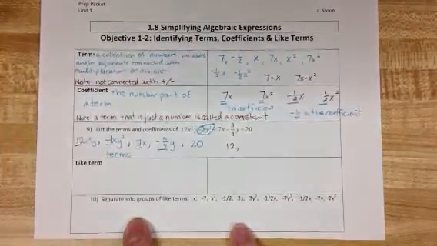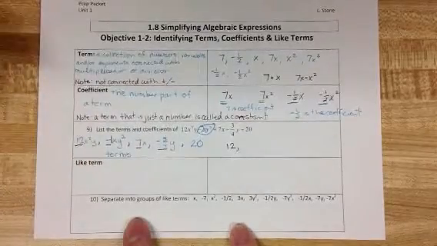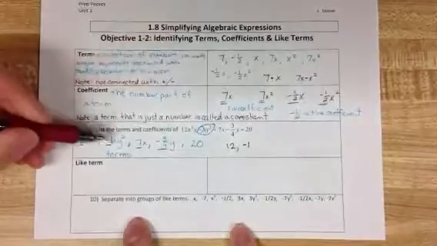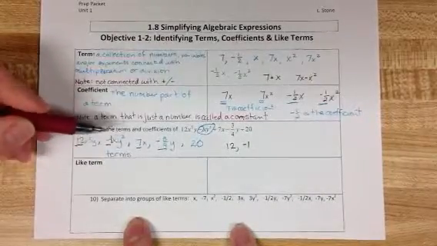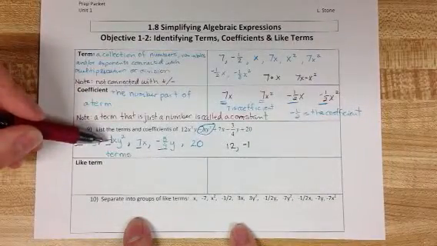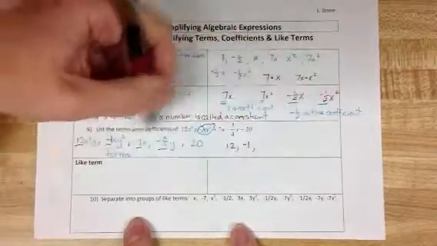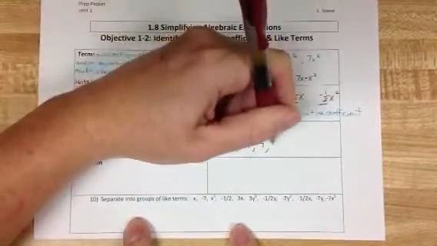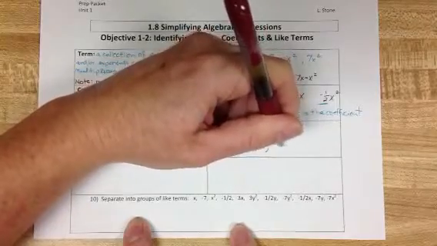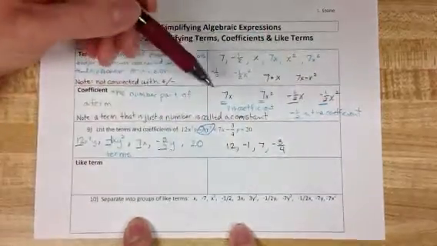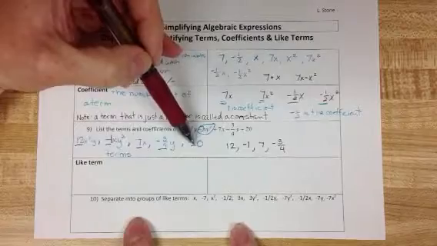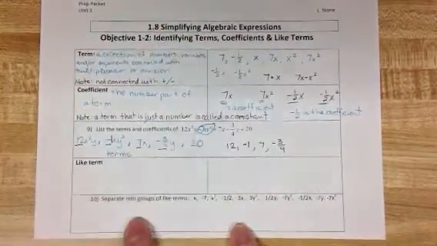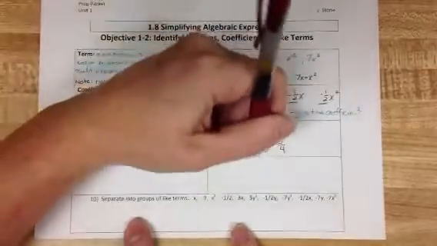Multiplying something by 1 does not change its value, so it's always legal to do that. So our coefficient on the term negative xy squared is a negative 1. Our next coefficient is a 7. This coefficient is a negative 3/4. And we don't include the 20 as a coefficient because 20 is a constant, not a coefficient.